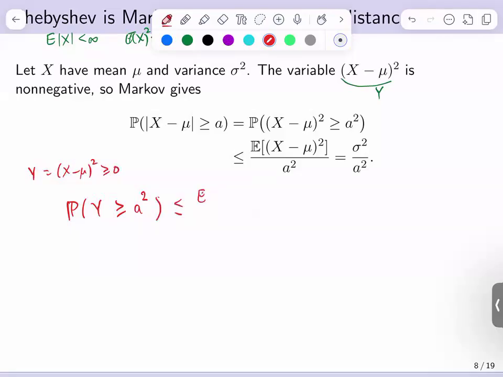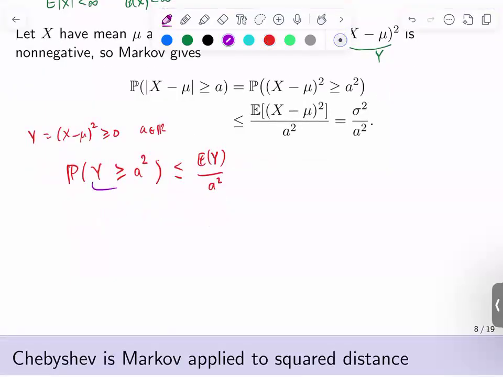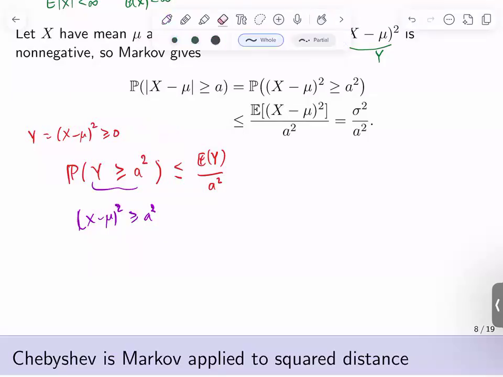I get expectation of y divided by a squared. Okay, and a could be positive or negative. But a squared is always non-negative. So I can apply Markov like this to y and a squared. And this side is really (x minus mu) squared bigger than a squared. And let's say a is non-negative, because I want to take the square root.